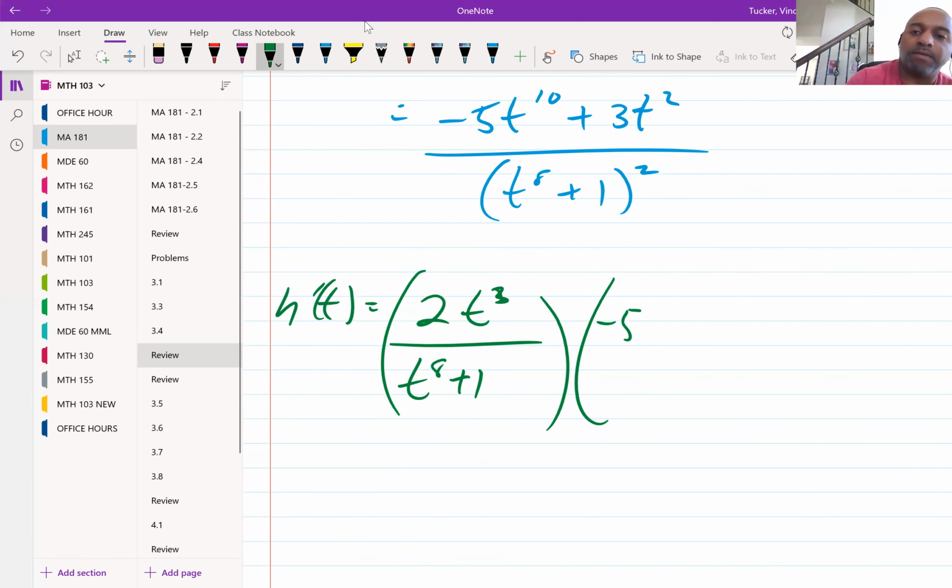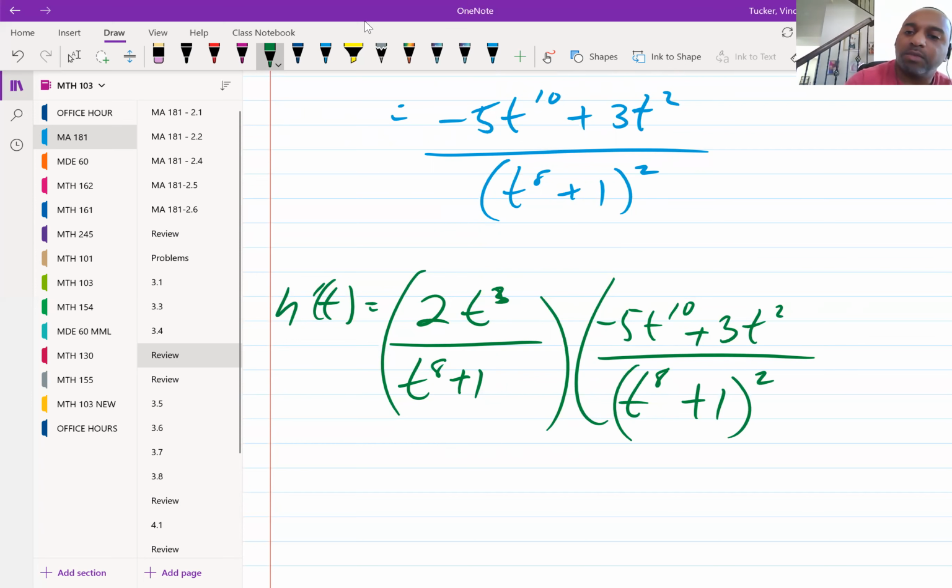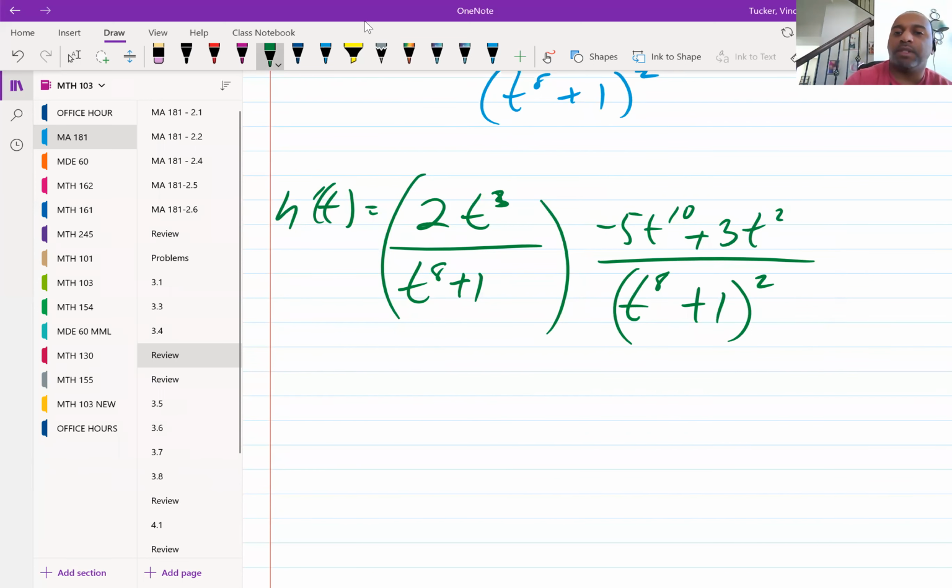And then we have negative 5t to the 10th plus 3t squared, over t to the 8th plus 1 squared. So it came from right here. And now we can simplify by just multiplying across. We didn't need this parentheses, but I was just doing it to signify where our pieces came from.